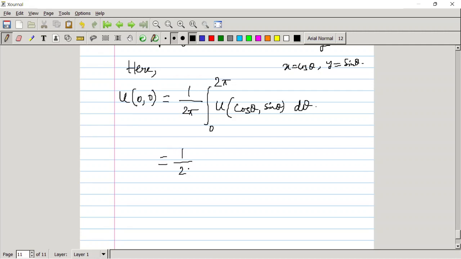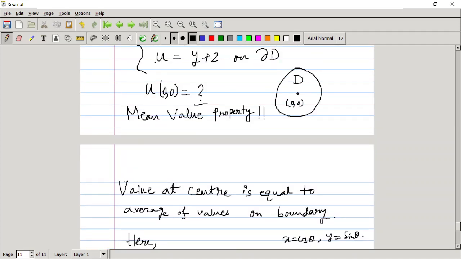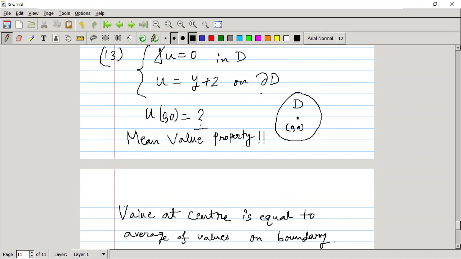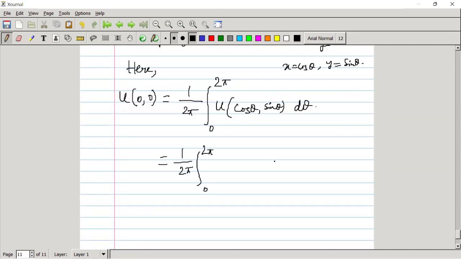So U at the boundary is given as sin y plus 2, right? Here U is given as y plus 2 on del of omega. So y means sin theta. So U at sin theta plus 2 d theta. Now we have to integrate.